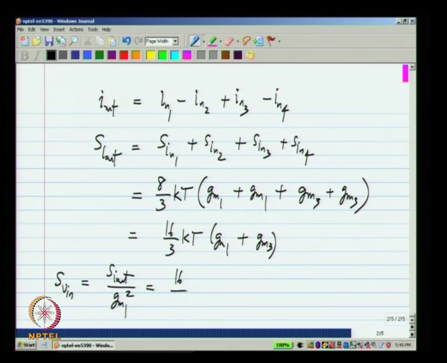So, this is equal to 16 by 3 kT (1 over GM1 plus GM3 by GM1 square), which can be rewritten as 16 by 3 kT by GM1 (1 plus GM3 by GM1). So, that is the expression for the input voltage noise spectral density.